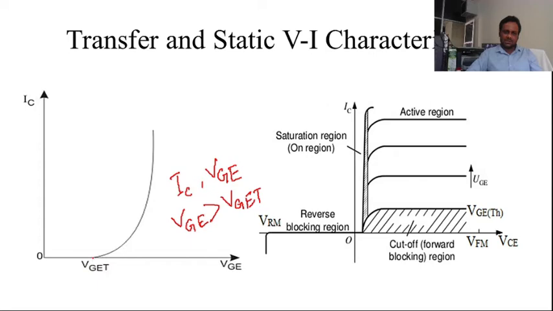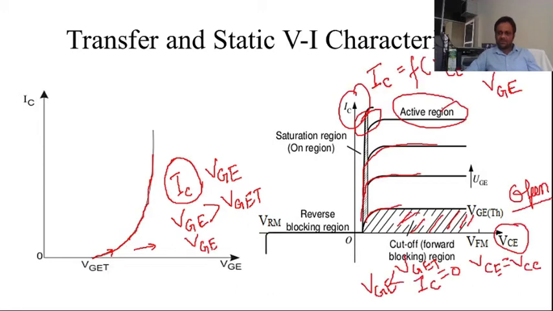The collector to emitter circuit starts conducting, and you will find the collector current in the load circuit or collector circuit. As long as we are increasing the VGE, the current is going to increase. Your IGBT is behaving like an open switch.